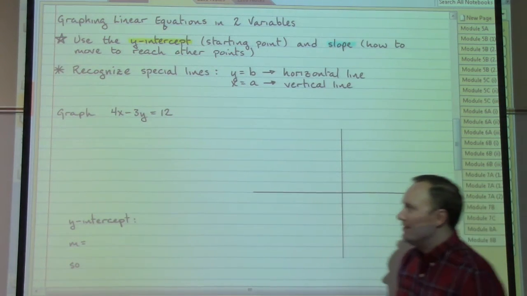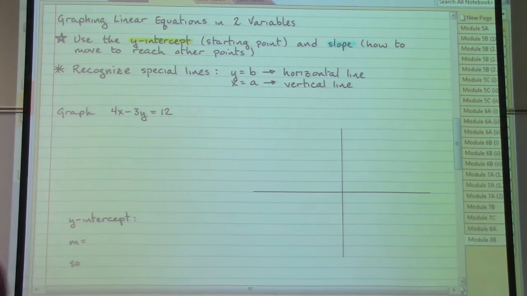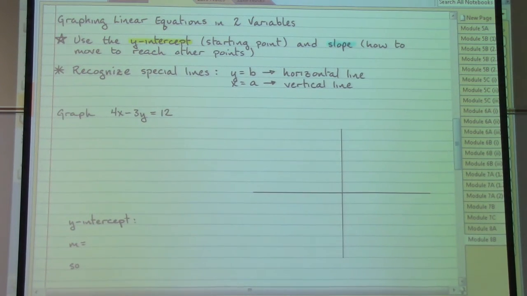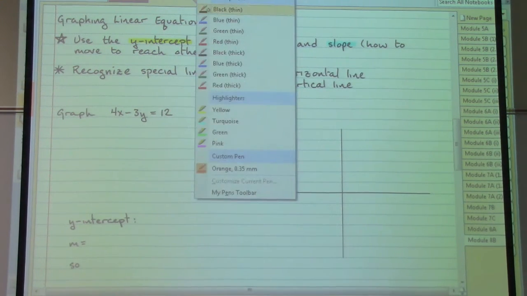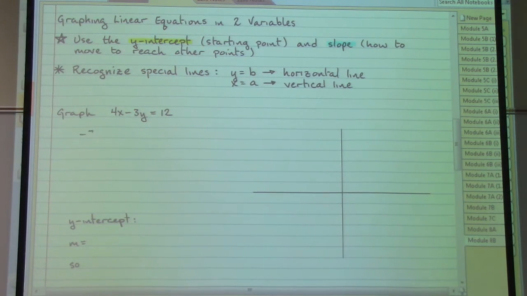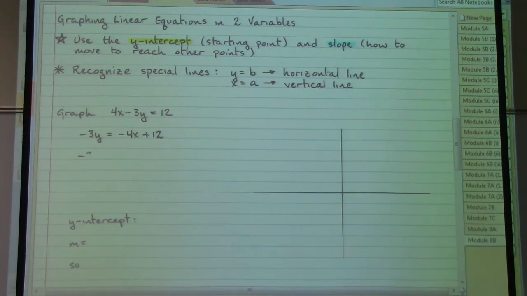So using, hey, this looks familiar. This is the same equation that we had used in an earlier example where we had been asked only for the slope.